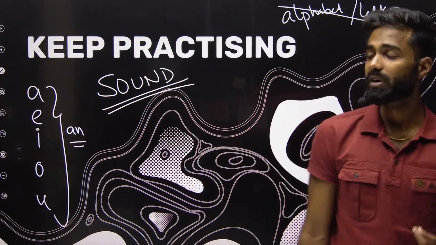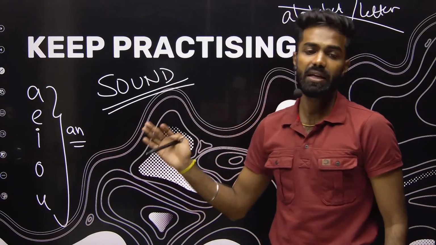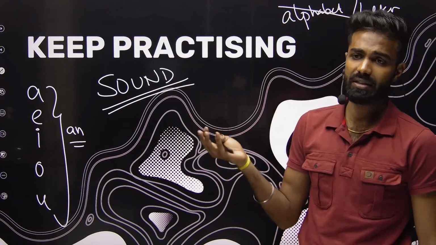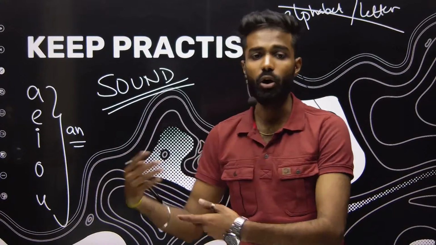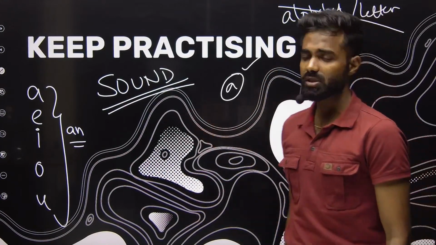If a word is giving me the rest of these sounds, like B, C, D, F, G, K, L, M, N, P, Q, R, S, T, W, X, Y, Z, all consonant sounds, then I'll be using a before it. That's it. So this is the difference between a and an.